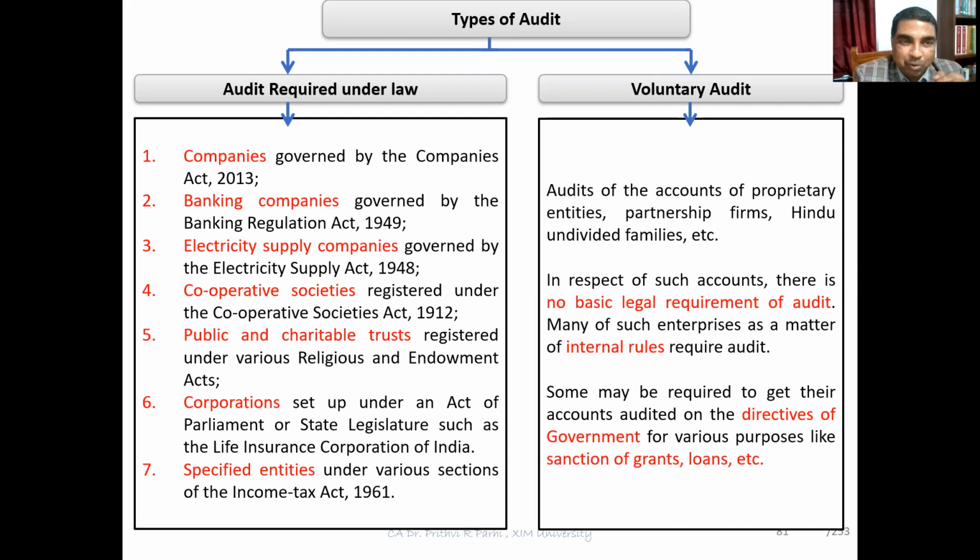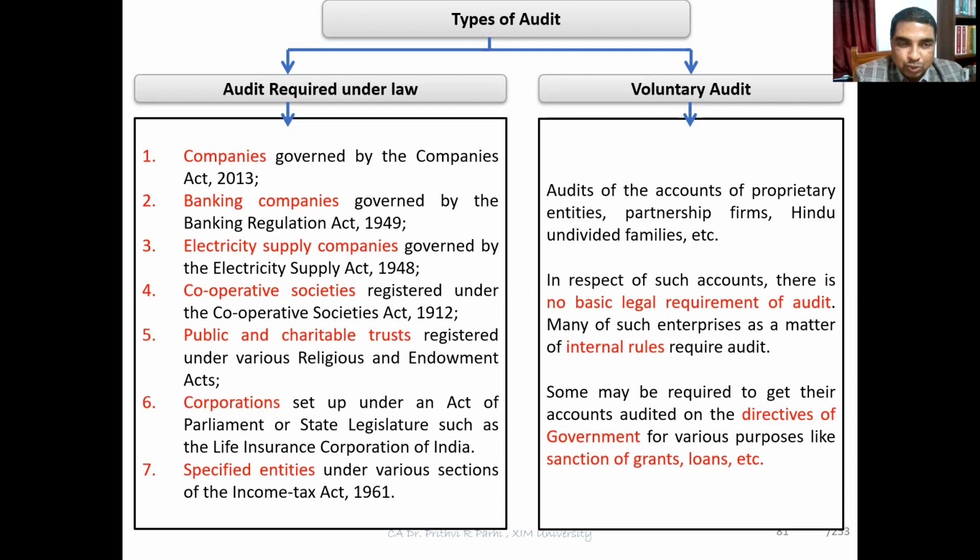Similarly, there are requirements for banking companies under the Banking Regulation Act 1949. The same type of requirement is also there for electricity supply companies, which are governed under the Electricity Supply Act 1948. Cooperative societies, which are registered under the Cooperative Societies Act 1912, are also supposed to get their accounts audited.